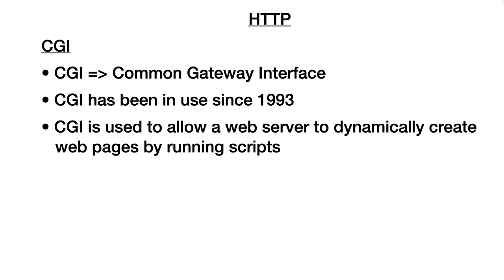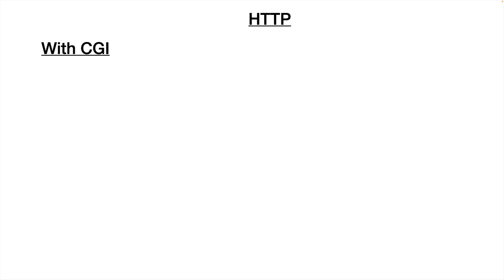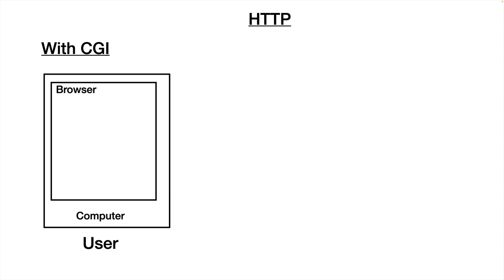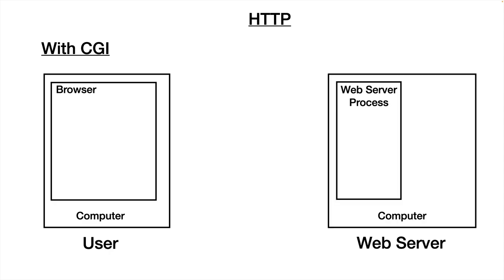And those scripts can connect to a database or just do whatever you need to do to generate the web page. So with CGI in the picture, we still have the user's computer running a web browser. We still have a web server somewhere out on the internet.